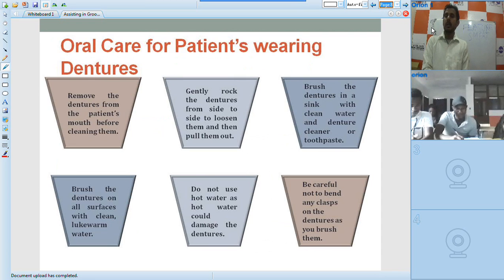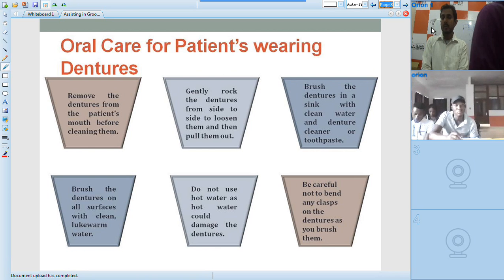Then we come to the oral care for the patient who is using dentures. Dentures are used by patients who miss some of their teeth. For such patients, artificial teeth are used, which are called dentures.